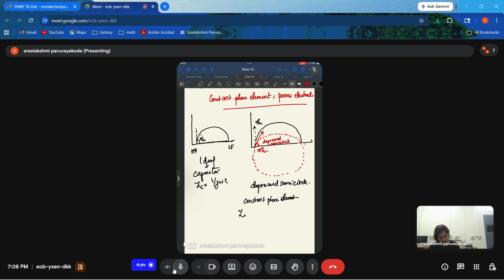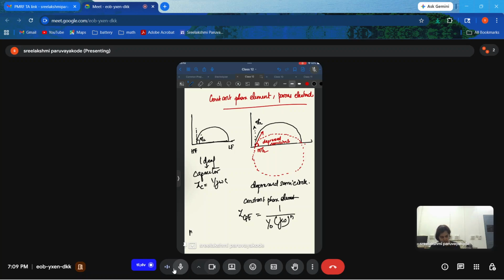And we can give Z_CPE, which is the constant phase element, as: here you see 1 by j omega C. So instead of C, we'll use Y0 and j omega will be raised to some power n. Here's the formula you will use when you are using a constant phase element.